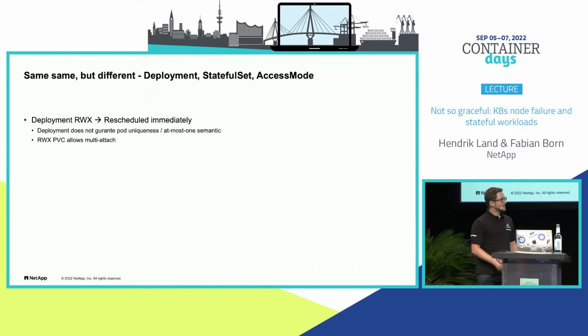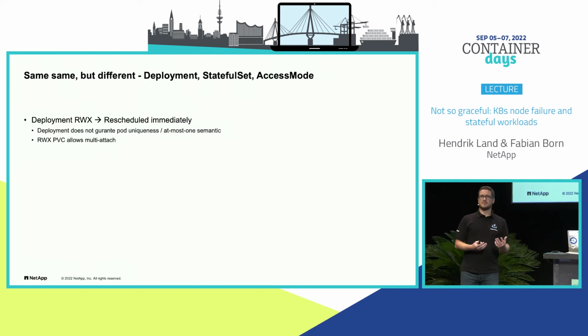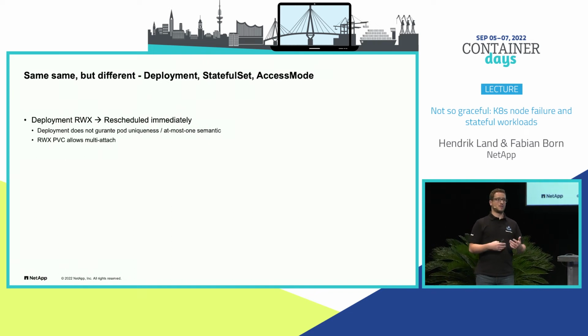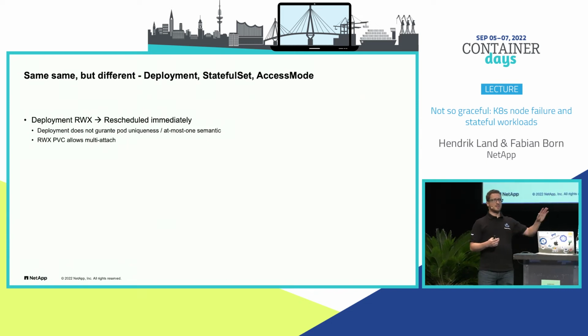So what's going on? And I'll start with the deployment with the read write many volume. It's a deployment, so Kubernetes has no guarantee on the pod being unique or there being only one pod. No at most one semantic here. So Kubernetes says, okay, the pod is terminating. I don't actually know if it even is terminating because I cannot talk to the node anymore, but I don't care, I just bring up a new one.